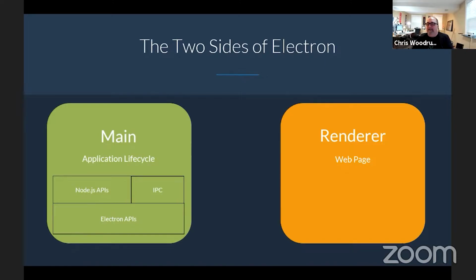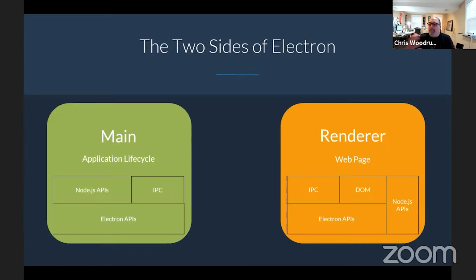That's the process of the actual application that's running inside the chromeless browser. So we have the ability to also do IPC from the renderer. We have the whole working with the DOM, and we also have access to the Electron APIs and the Node.js APIs. So what we really are doing is we are having this two-process type of interchange that we can create the renderer from the main.